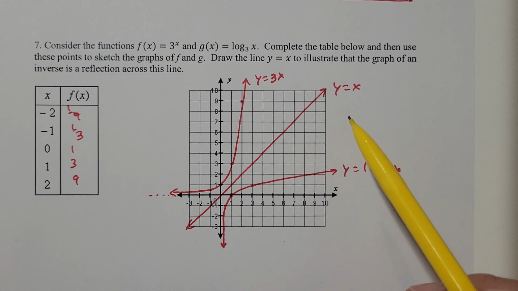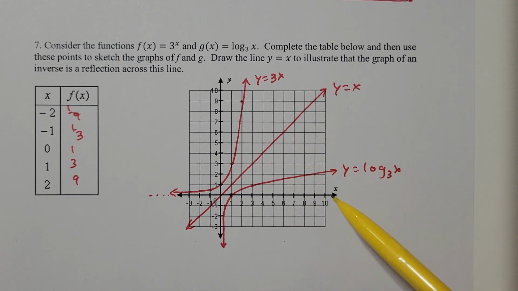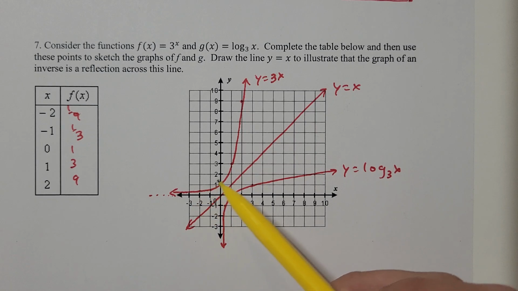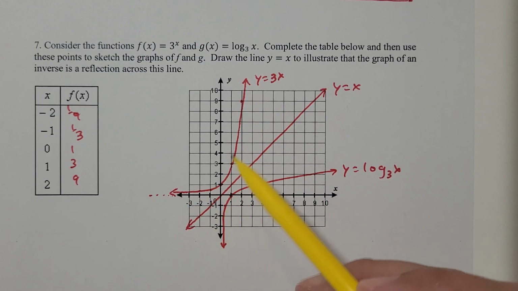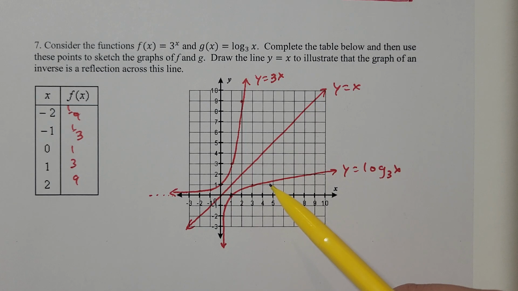Okay, now whenever I graph a function and its inverse on the same picture, like I've done, those two curves will always be symmetric to the line y equals x. That will always happen. Okay, so here's this line y equals x. Now, to get the graph of the logarithm, all I did was I took the graph of this exponential, y equals 3 to the x, and I rotated it about the diagonal line.